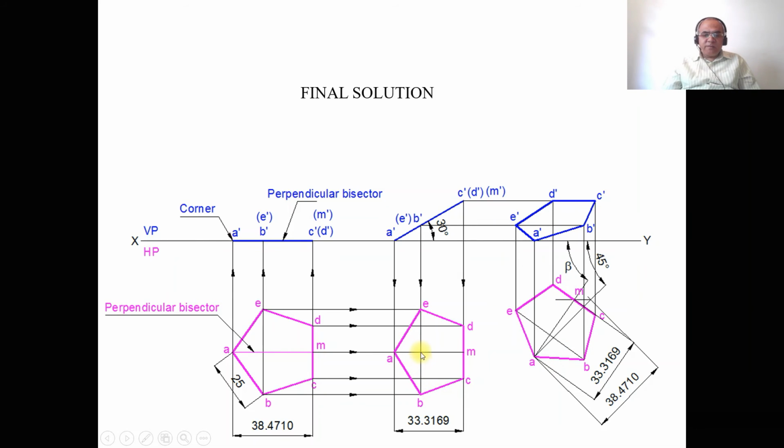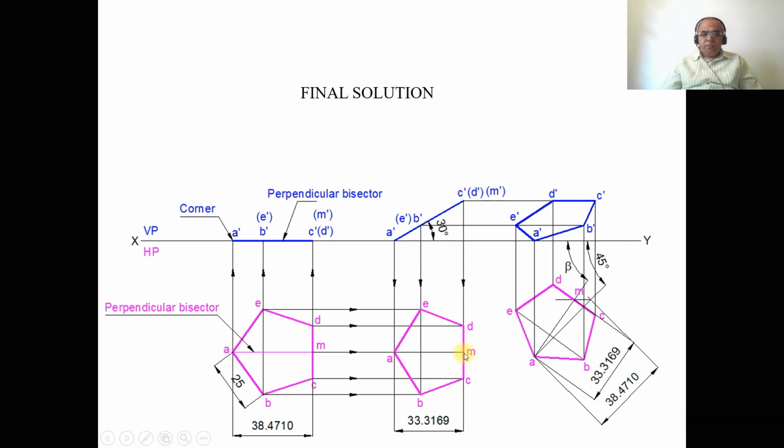Then you measure the distance from this point to B and also from this point to E. Both will have the same distances in the second position top view, and transfer from this point towards the right side to get point B, and towards the left side to get point E. Then you mark this point as C, and through this point you draw a line perpendicular to this inclined line AM.